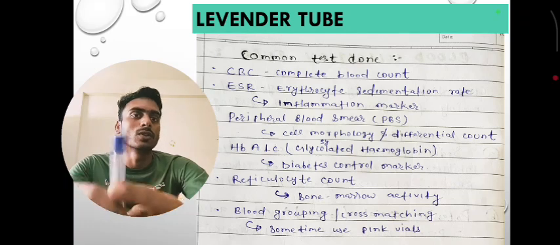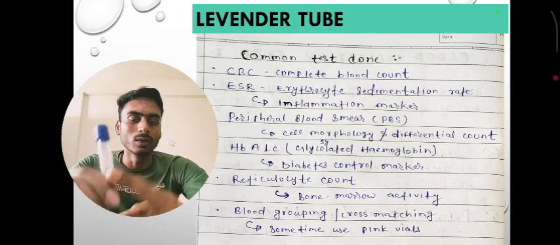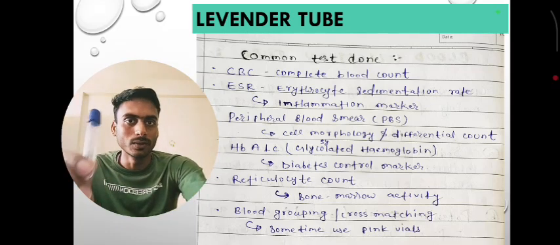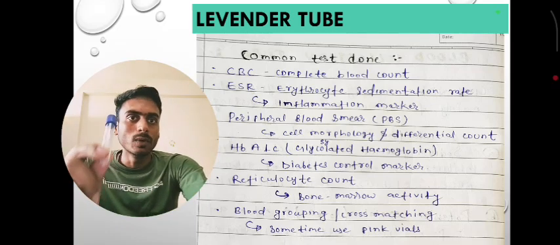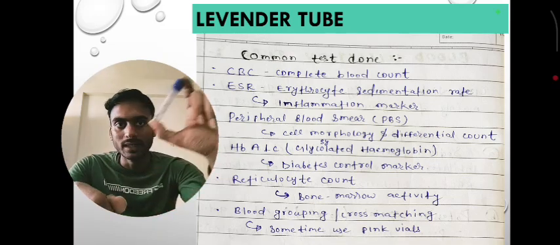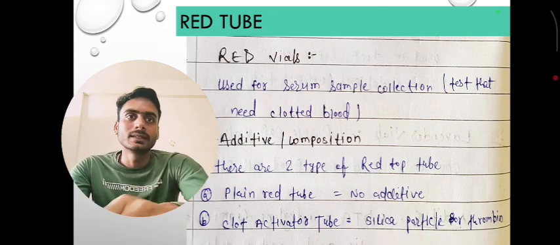Blood grouping or cross matching is sometimes done, mainly in a pink vial or pink tube. I hope you learned about the lavender tube. If you want ESR or CBC, you fill the blood in a lavender tube and send it for the test. Then we discuss the red tube.